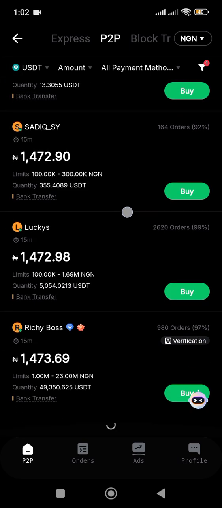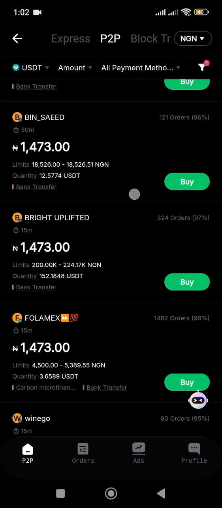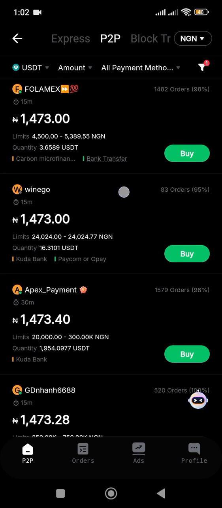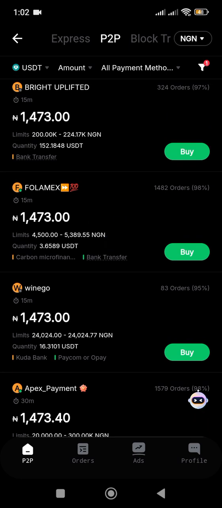There are a whole lot of things to tell you about the P2P platform. There are scams also there. As much as the exchange serves as escrow, there are still scams on the exchange, you understand. And maybe later on I will teach you how not to fall for scams, how to identify scam ads so that you don't fall into the trap of scammers.